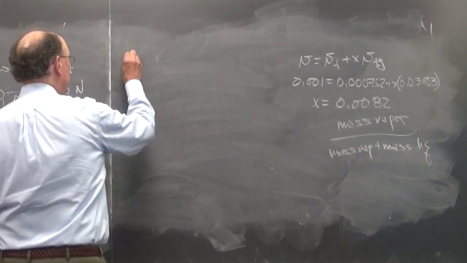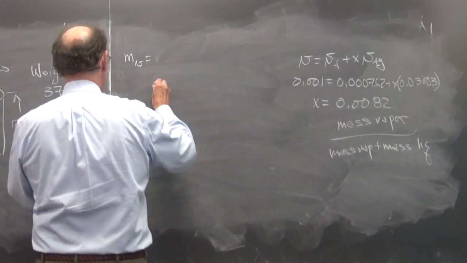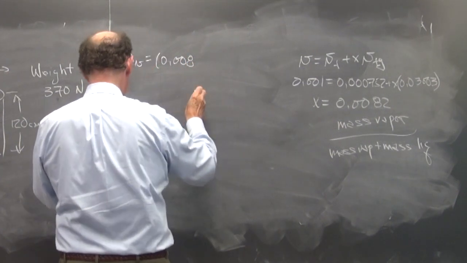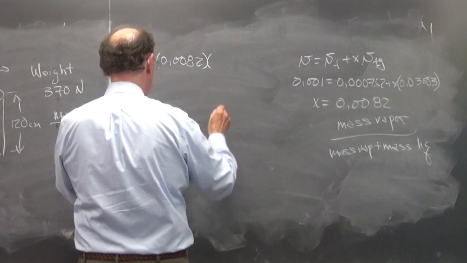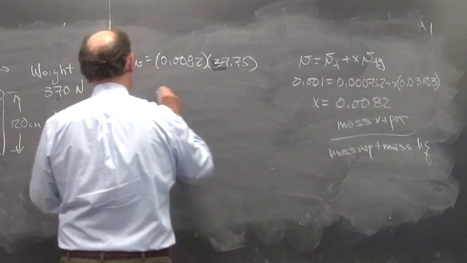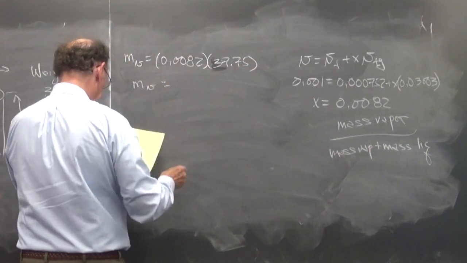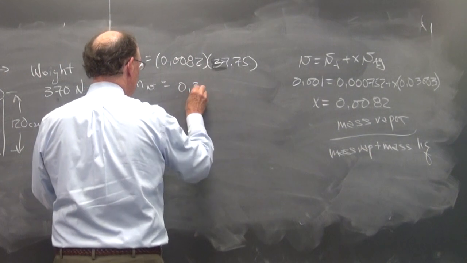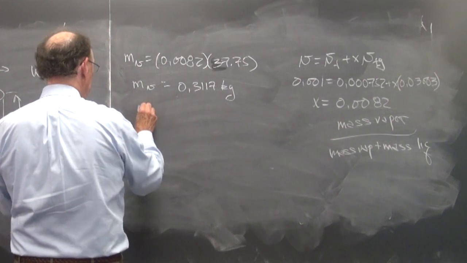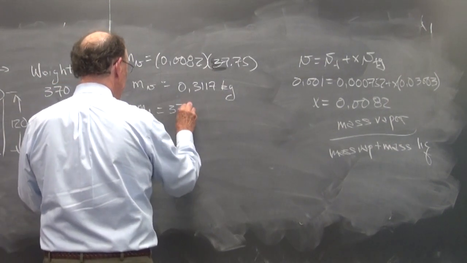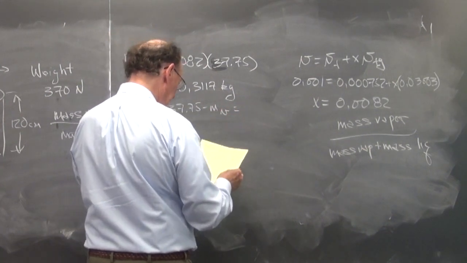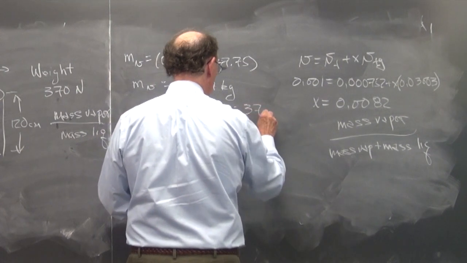So the mass of the vapor is equal to x, 0.0082, times 37.75. So I have that the mass of the vapor is equal to 0.317 kilograms, and the mass of the liquid is 37.75 minus the mass of the vapor, so that's equal to 37.44 kilograms.